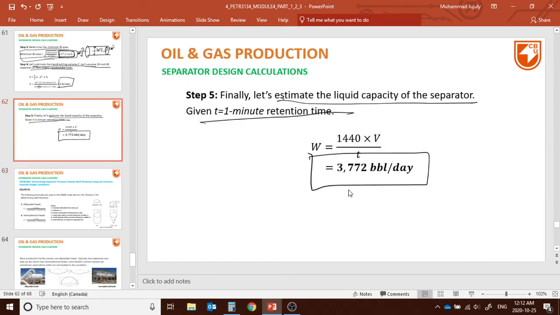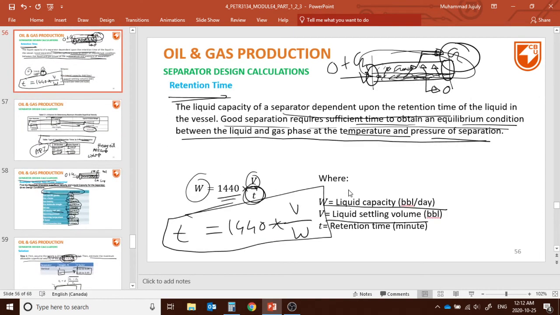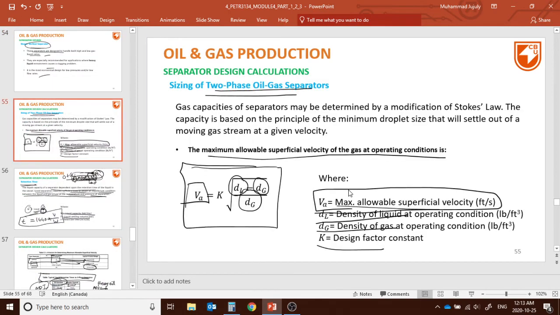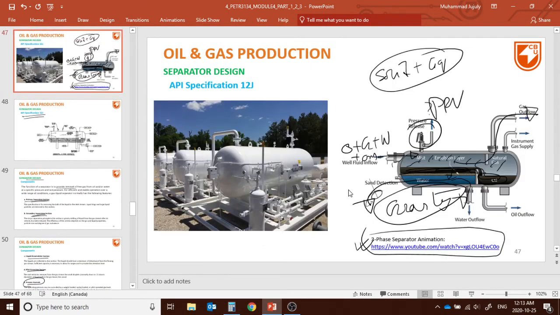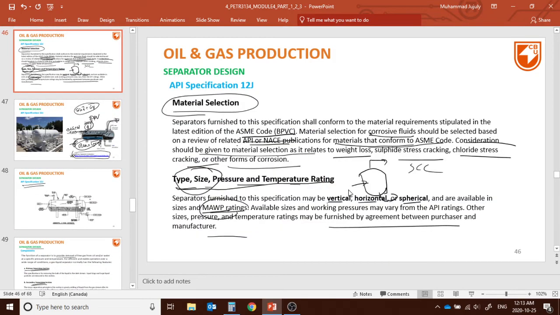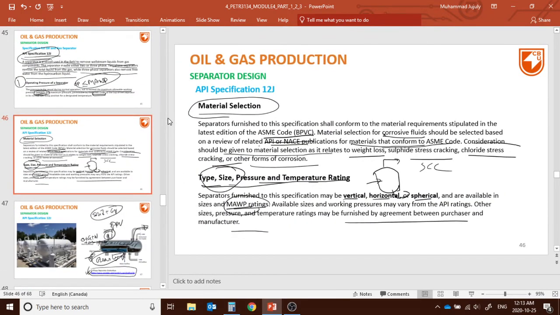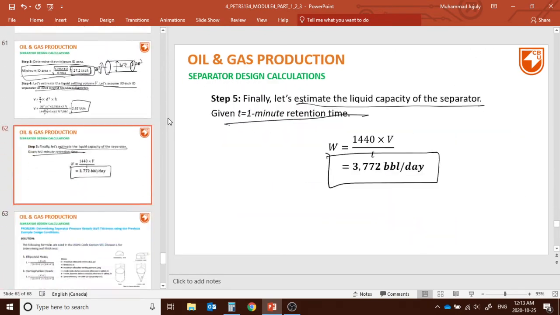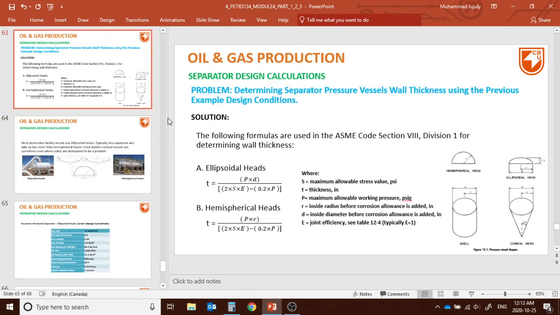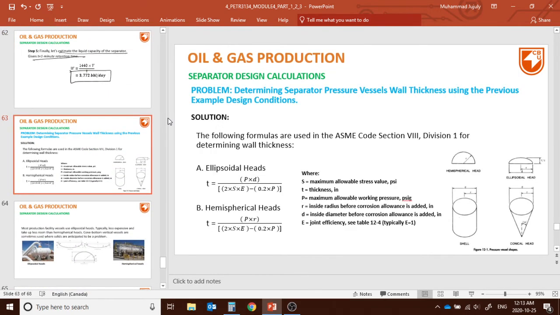Remember, in the earlier slides we talked about this one, this MAWP. Okay, so this is very important. We'll actually discuss the MAWP here. So let's do a problem and then we can solve it through the problem.